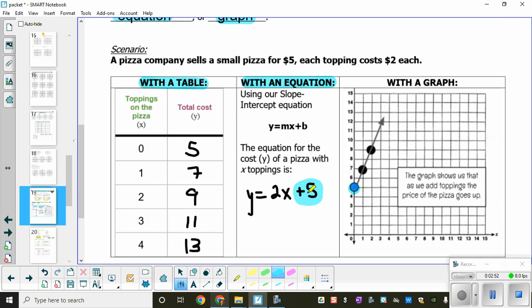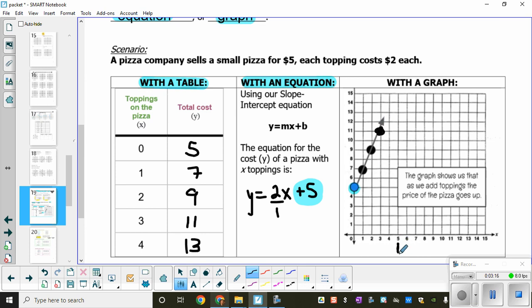This is called a constant, because no matter what, we would constantly have to start with $5, and from there we're going to move up $2 per topping. So you can see on the graph that starting out at $5, we're moving up $2 per topping, up $2 more for another topping, and then up $2 more for yet another topping.